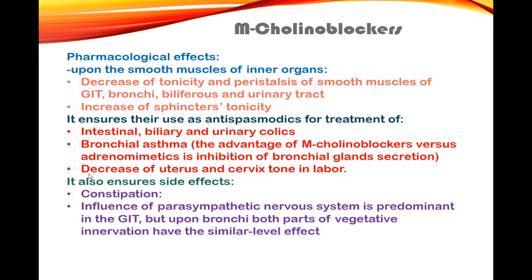Same effect, decrease of uterus and cervix tone in labor if necessary. But we understand that this effect can cause, of course, undesirable action. After usage of M-cholinoblockers, constipation can develop. Let's go on.